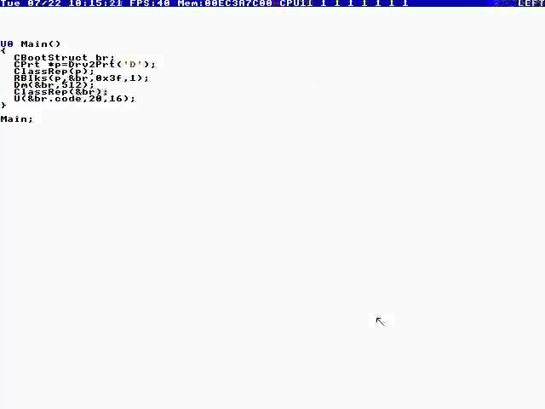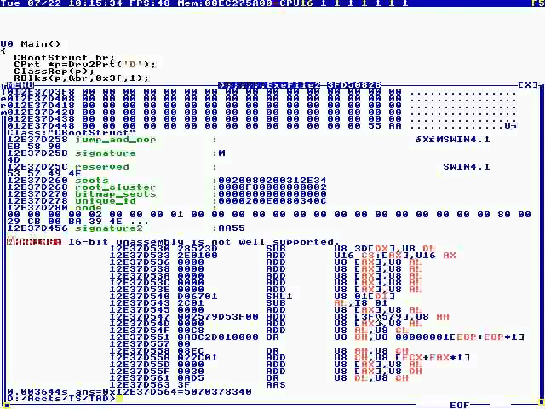How about dump U8 pointer 50B. That doesn't look good. That's not good either.